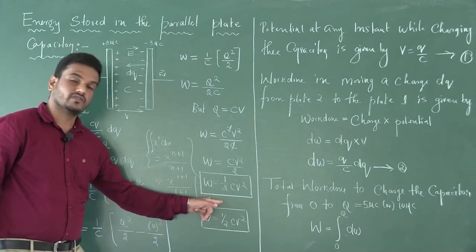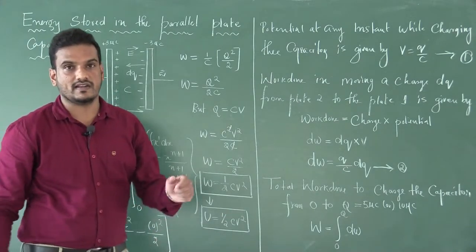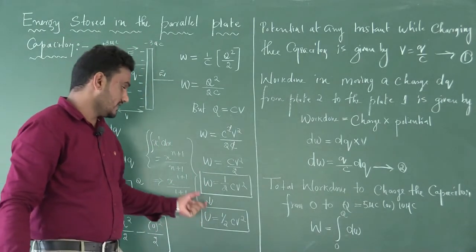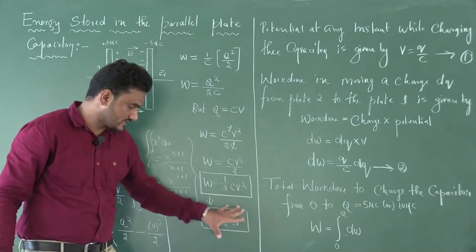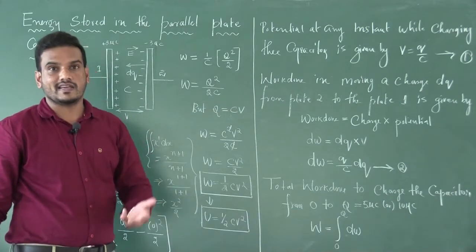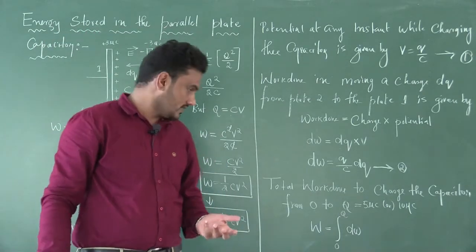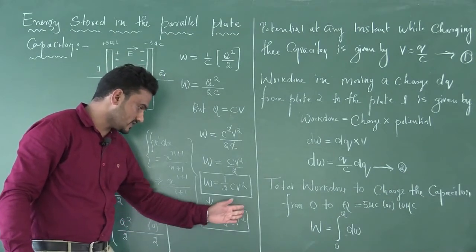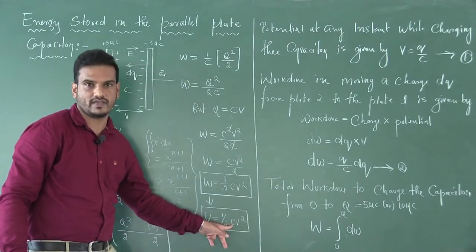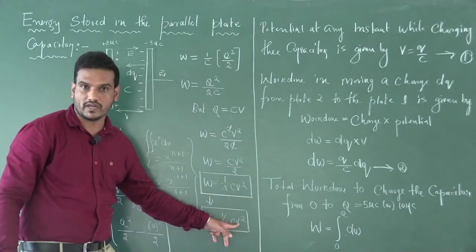This equation is very important in case of CET and NEET, even in the numerical problems. Half CV square looks like the kinetic energy equation, half mv square, but it is entirely different. C is the capacitance of the capacitor, V is the potential.